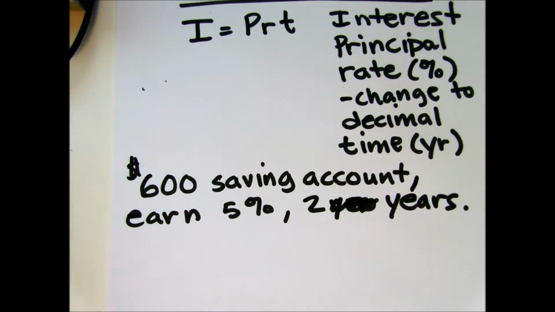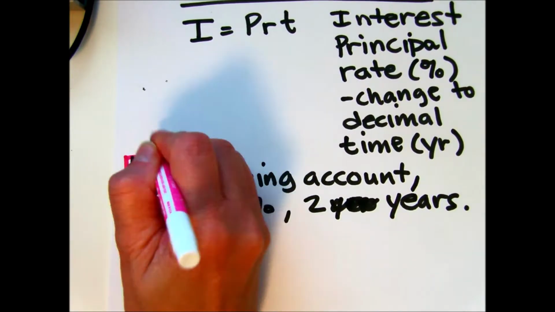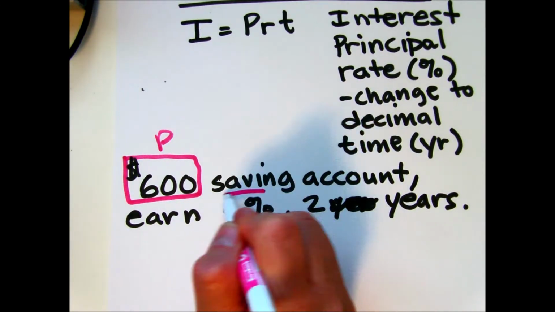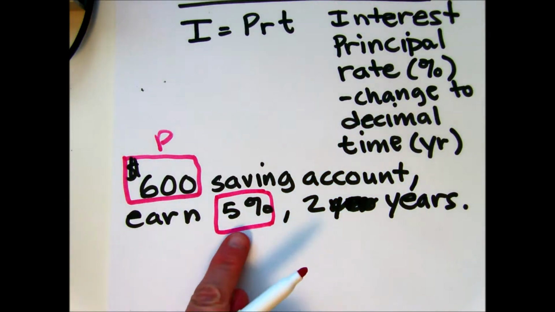Remember, I said that the principal is the amount that we put into the account or the amount that we're borrowing. That's our starting number. This is the principal. In this case, we're earning a rate of 5%. Now, when we're doing our calculations, we need to change this 5% to a decimal.